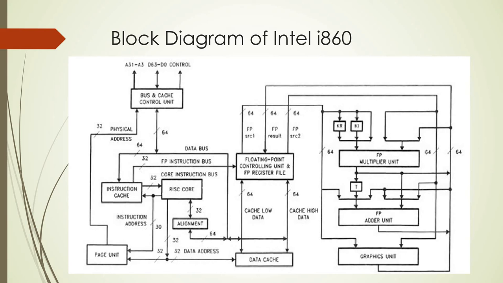It is a high performance design with a 33 or 40 megahertz clock rate, 80 MFLOPS single precision, a 64-bit external data bus, a 64-bit internal instruction cache bus, a 128-bit internal data cache bus, and a high level of integration on one chip: a 32-bit integer and control unit, a 32-bit or 64-bit pipelined floating point adder and multiplier unit, a 64-bit 3D graphics unit, and a paging unit with a translation look-aside buffer, with a 4K byte instruction cache.